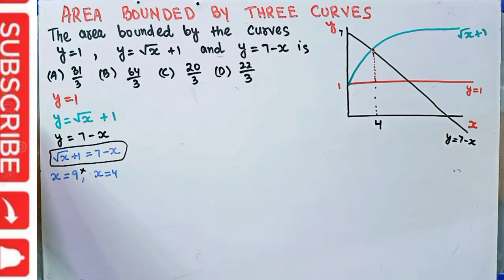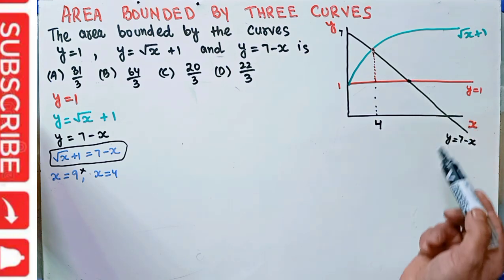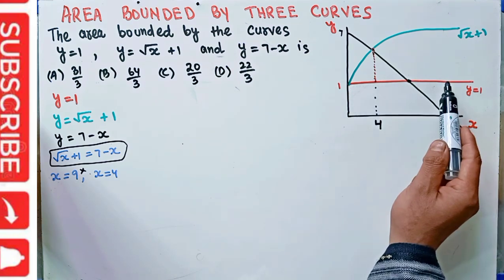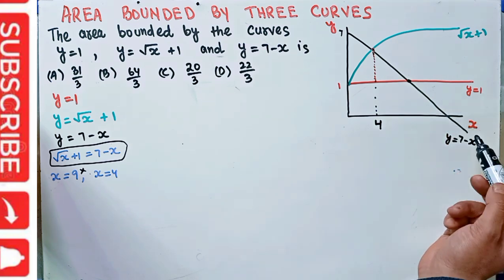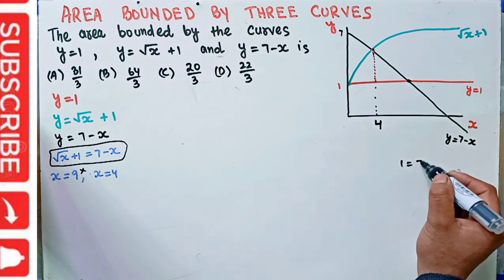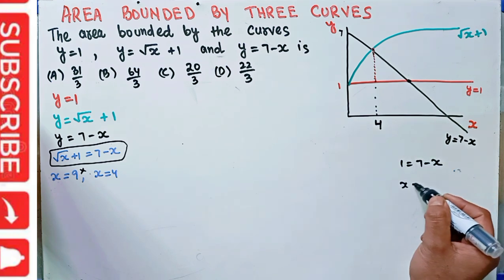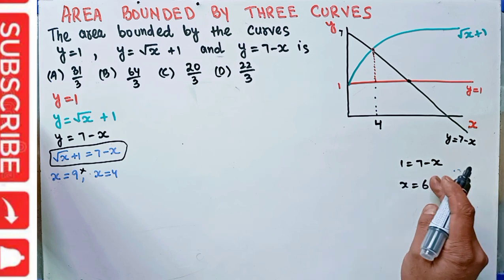Okay, also we need to find out this point, when this red line and black line intersect, and similar simple thing, y is equal to 1 and y is equal to 7 minus x, when we equate them, so 1 is equal to 7 minus x, which gives us x is equal to 7 minus 1, which is 6.